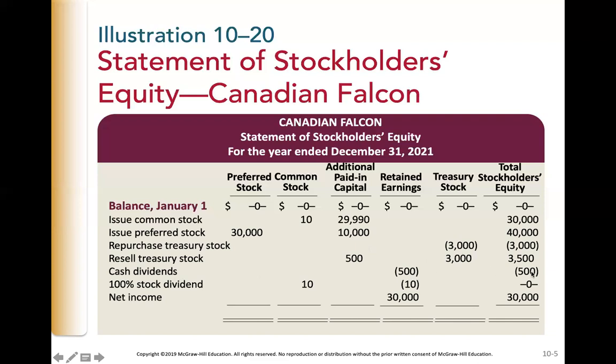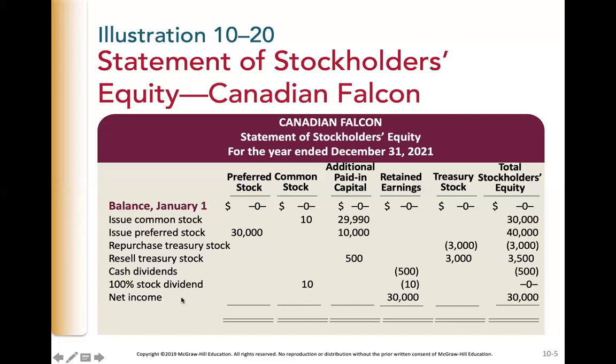Make sure you carry it over. We declared a 100% stock dividend, so we increased our common stock account by 10 and decreased retained earnings by 10. That net effect is 0. Lastly, the company had a net income of the year of $30,000. The $30,000 goes on the retained earnings column, pulling it over.